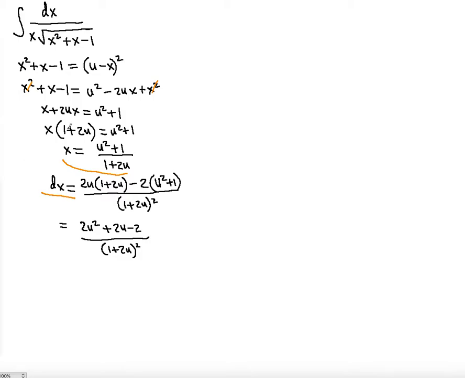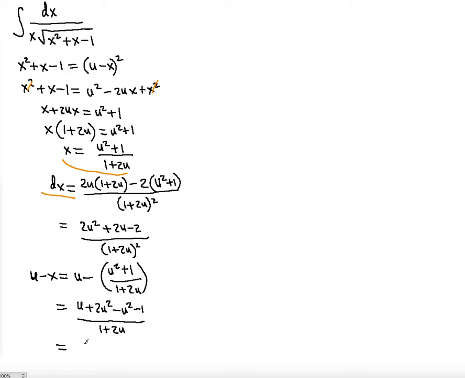But there's one more thing you need to do. Notice that there's u minus x for this trinomial, and you need to have x in terms of u. So u minus x is equal to u minus the x value, which is u squared plus 1 over 1 plus 2u. So this is going to be u plus 2u squared minus u squared minus 1, over 1 plus 2u.